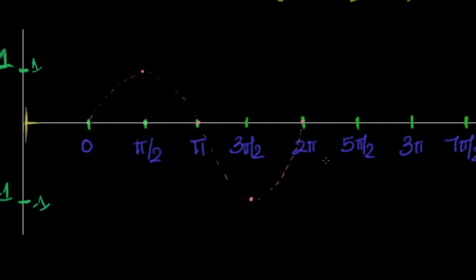Now suppose that we want to do it for sin x by 2. I'm interested in values of x and y, where y is equal to sin x by 2. Suppose I say x equal to 0, y equal to 0.